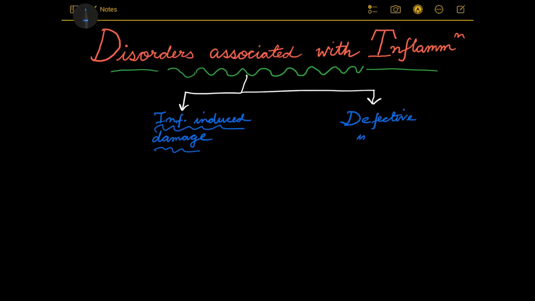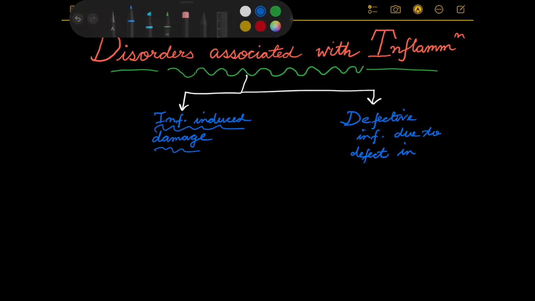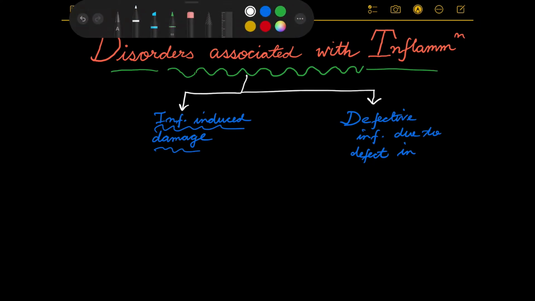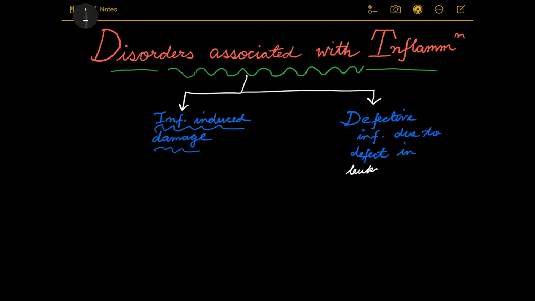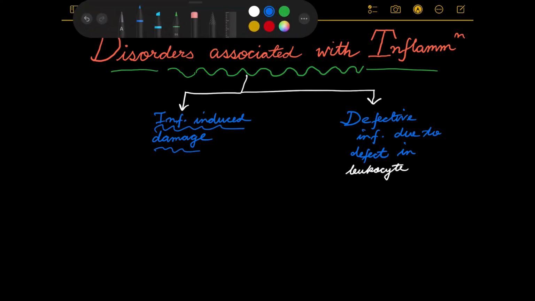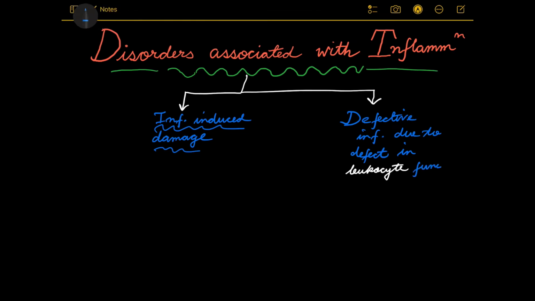Defective inflammation due to defect in, let's use white for white blood cells, leukocyte functions. Okay, so this is the second category of disorders which are associated with inflammation.